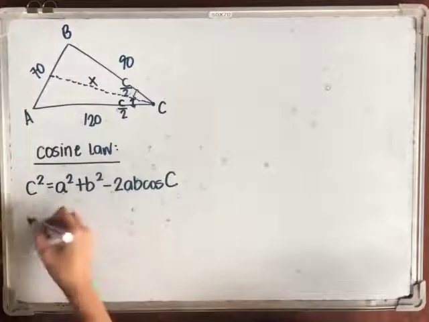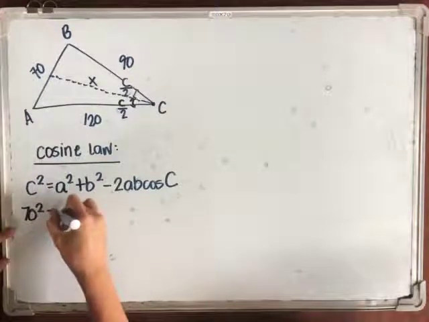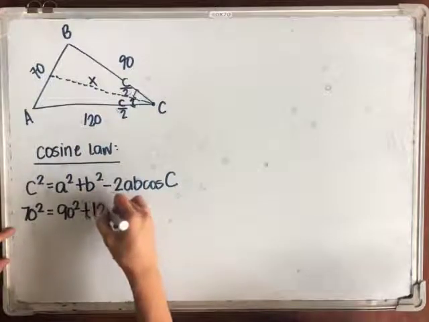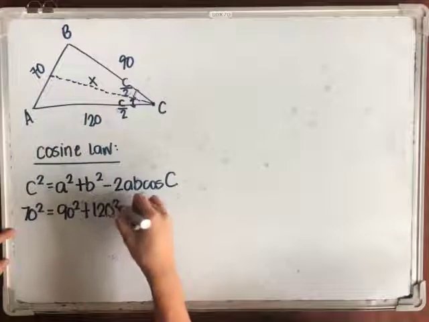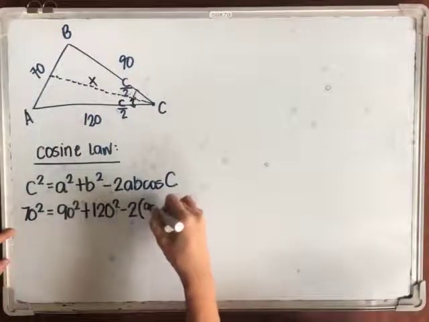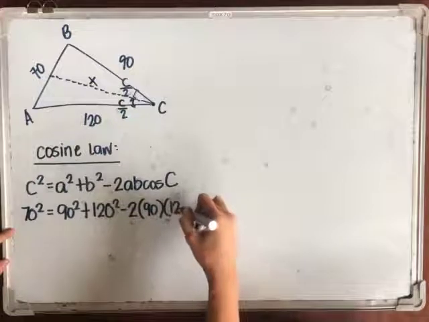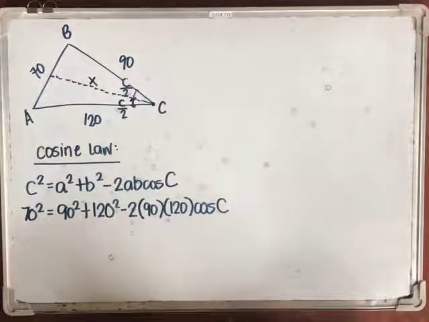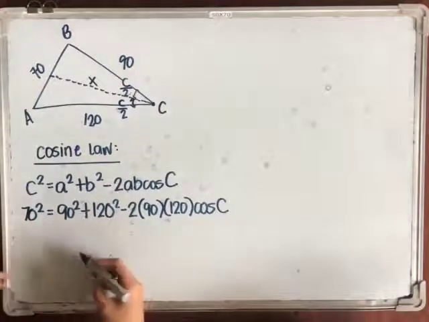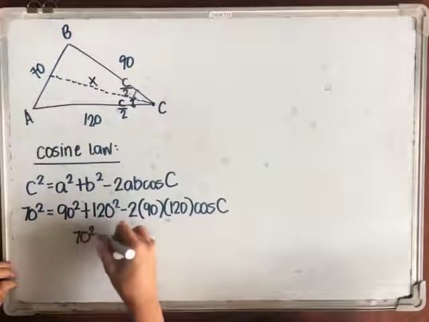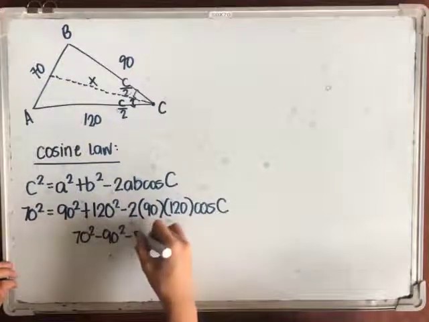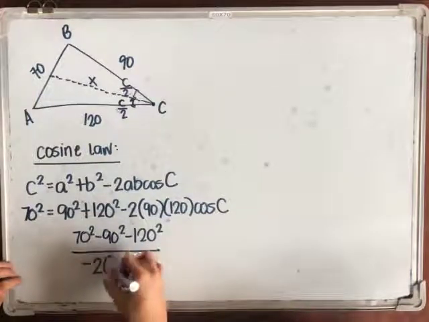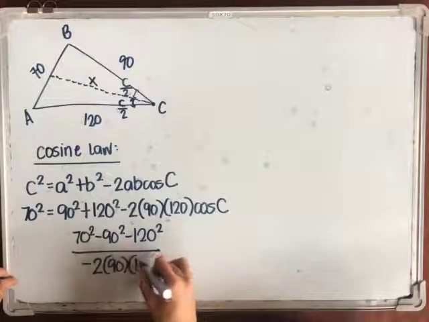Angle C. So we have here 70 squared is equal to a squared, which is 90 squared plus 120 squared minus 2 times A is 90, B is 120, cosine of angle C. Okay, so paano yun kukunin? Lipat natin sa kabilang side. This would be 70 squared minus 90 squared minus 120 squared divided by negative 2 times 90 times 120.